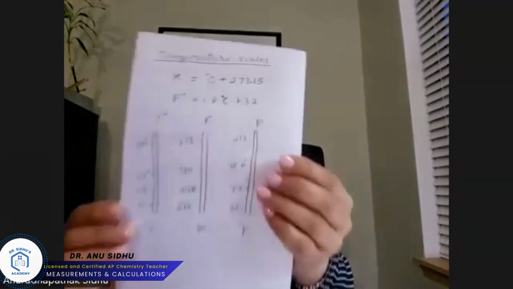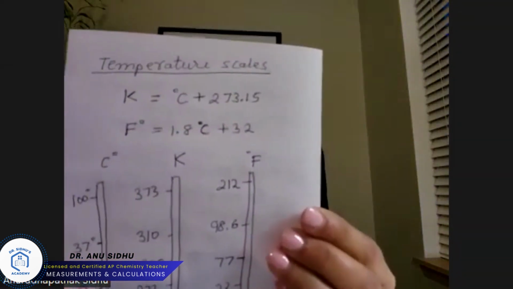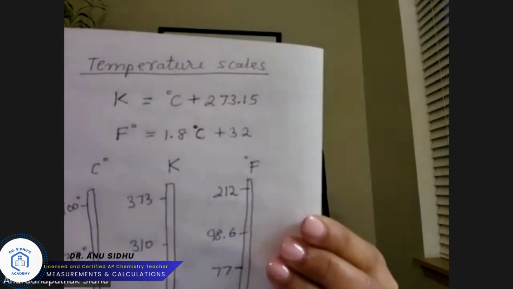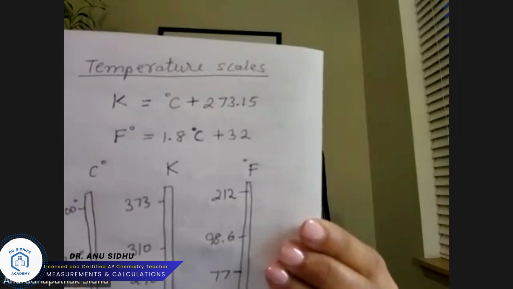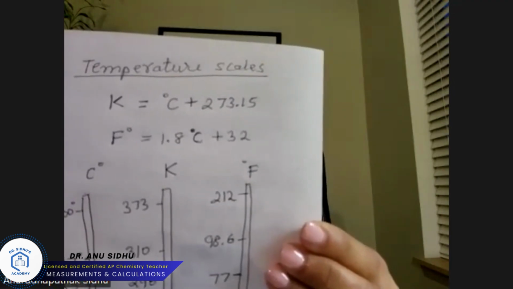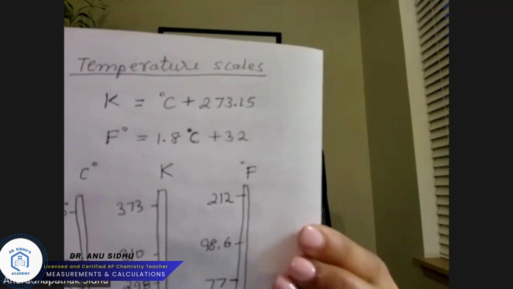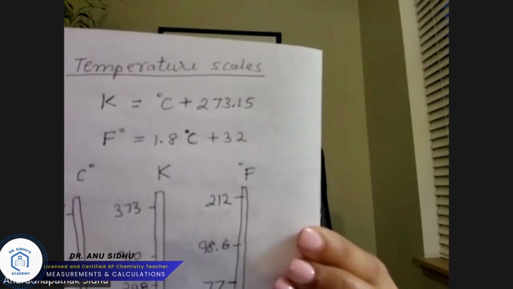For example, here you can see that if we have to convert degree Celsius into Kelvin, we have to add 273.15. So degree Celsius temperature plus 273.15, and then we get temperature in Kelvin.